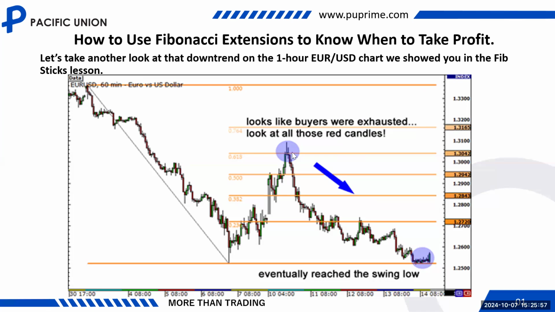Now price hit the Fibonacci 0.615 again, and from there we can see that price is trading downwards, and eventually price approached the recent swing low. So these are Fibonacci extension level 0.615, and from there you can see that price began to drop downwards.